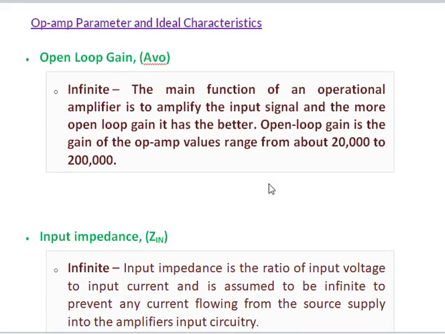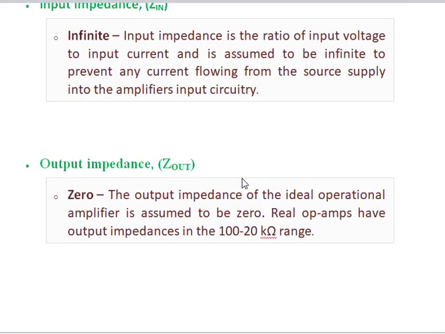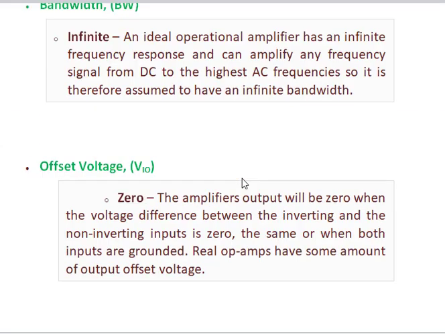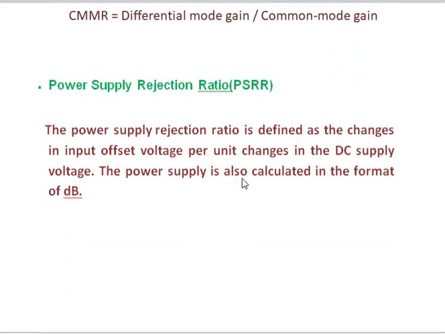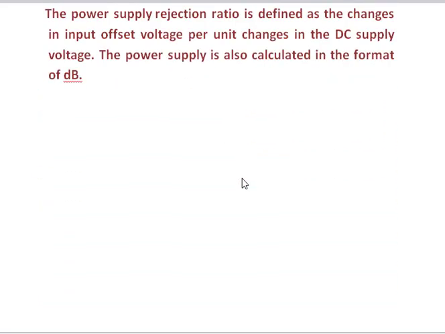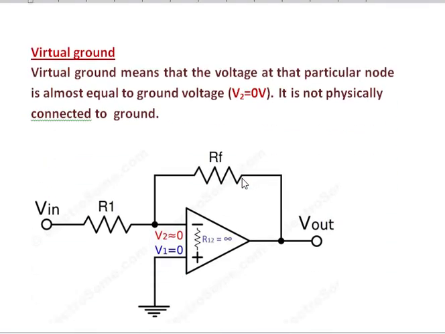And what are the characteristics of the operational amplifier, like open loop gain, input impedance, output impedance, bandwidth, output voltage, offset voltage, common mode rejection ratio, power supply rejection ratio, etc.